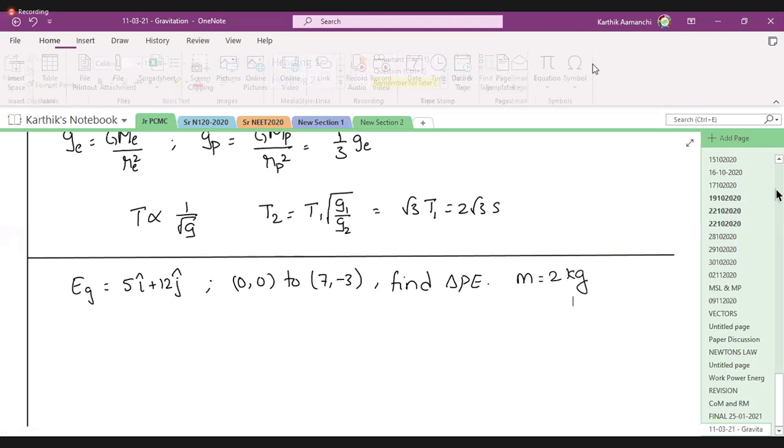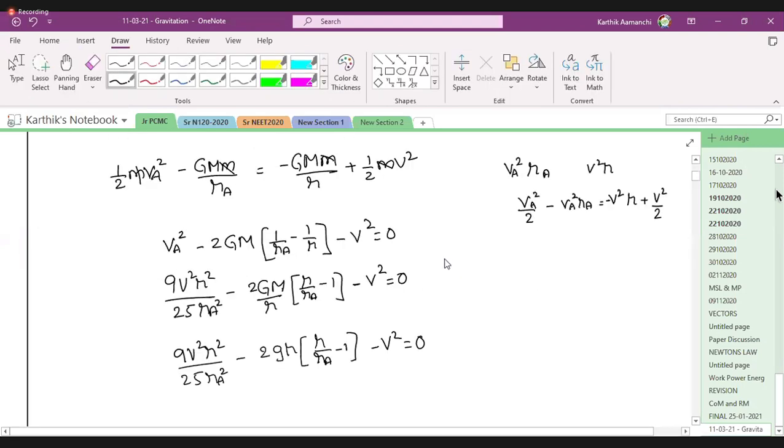Is it minus 2 joules? Plus 2 joules. So even I got minus 2.